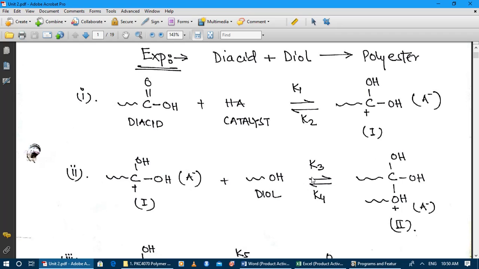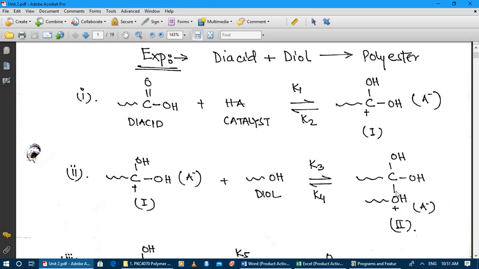This is another reversible reaction, with K3 the forward rate constant and K4 the reverse rate constant. When species 1 reacts with the diol, you can see the diol gets attached to the carbon at its valency where the positive charge was.